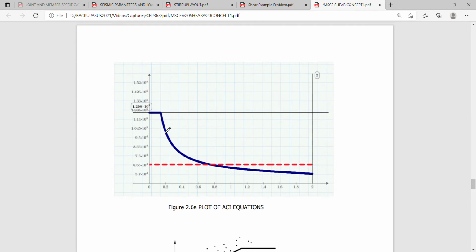If I plot the shape of the detailed equation, something like this will appear. So this is the detailed equation, and the simple equation is this one here.